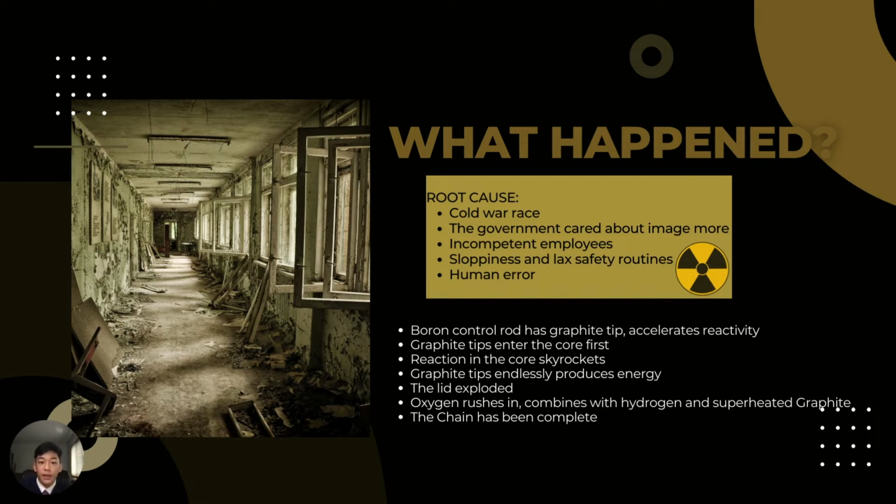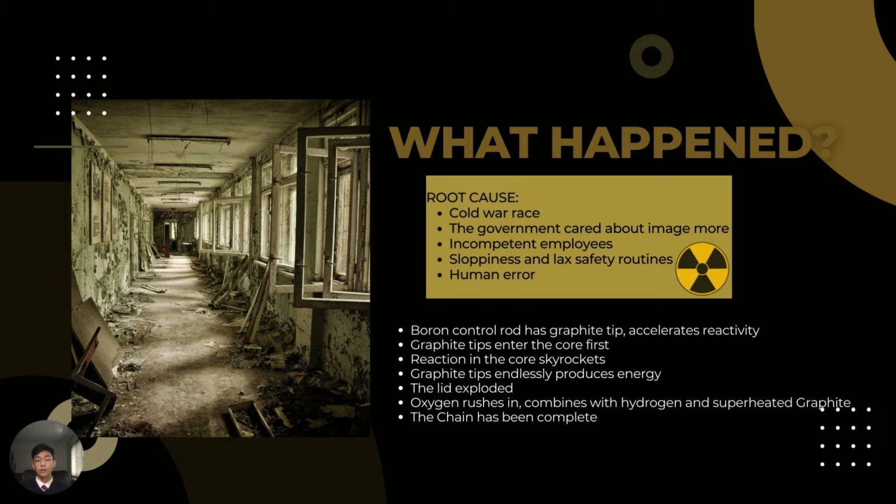They looked towards nuclear energy. Now, at this time, the Soviet government cared more about image than quality. They cared about quantity over quality. And so they used old technology and incompetent employees, resulting in sloppiness and inevitably human error.